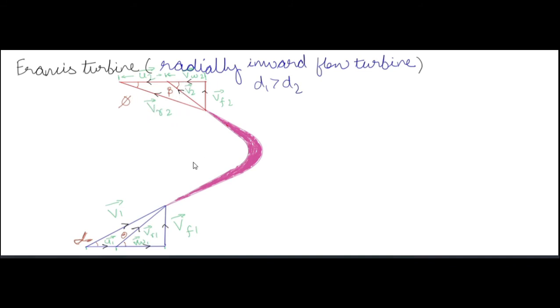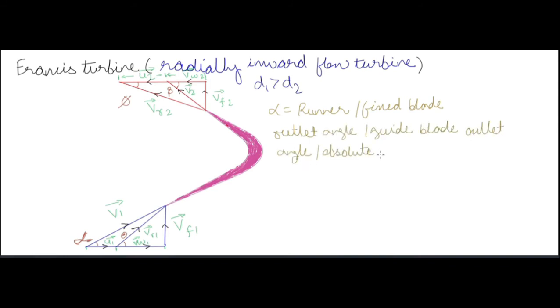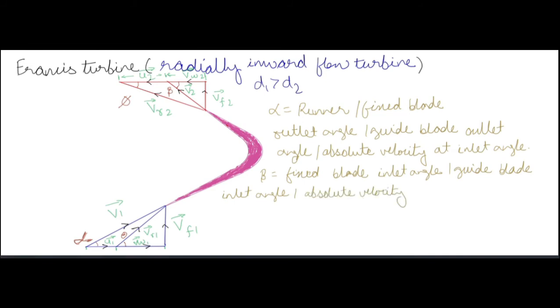So once again, alpha is the runner or fixed blade angle at outlet, or guide blade outlet angle, or absolute velocity at inlet angle. Beta is fixed blade inlet angle, guide blade inlet angle, and absolute velocity at outlet angle. And theta and phi are blade and vane angle at inlet and outlet respectively.